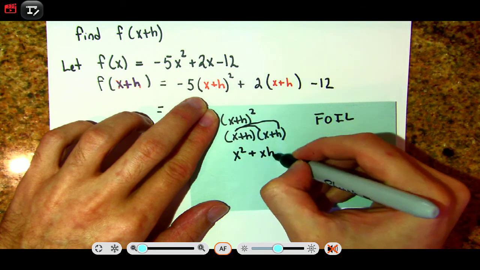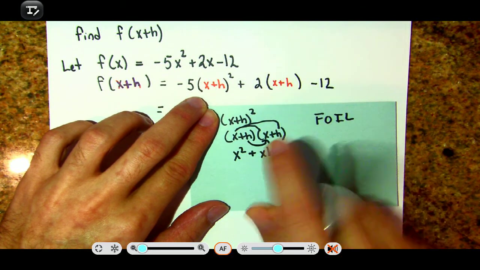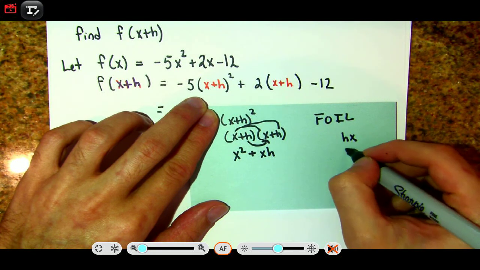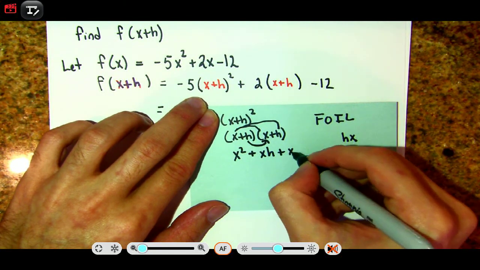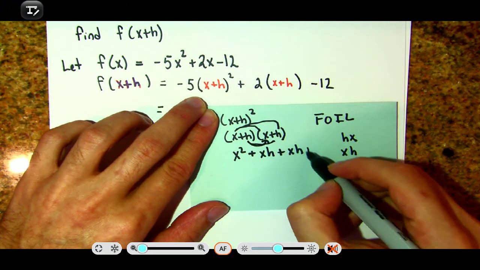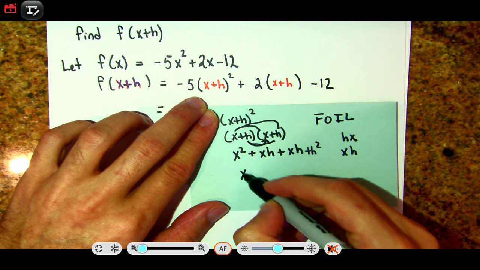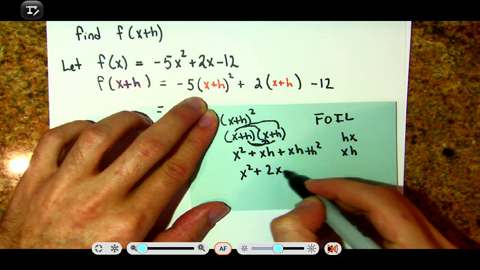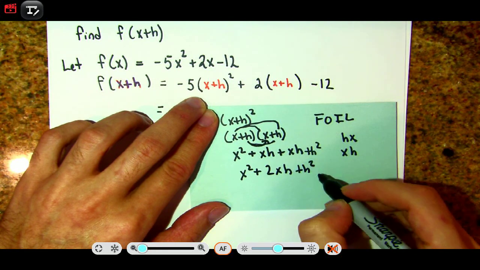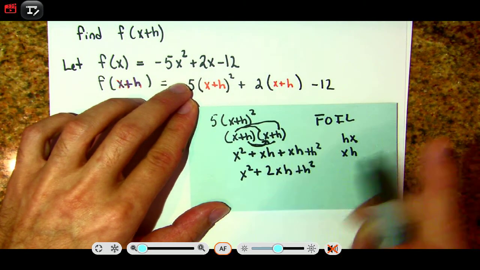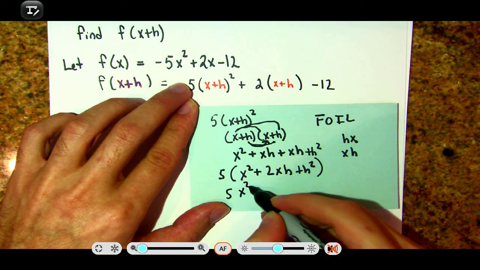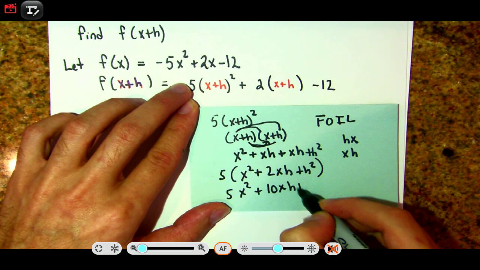H times x is hx, but we're going to show it as xh so we can combine these two terms. And then h times h is just h squared. So then this is x squared plus 2xh, because we're combining these two, plus that h squared. Now we have to multiply the 5. So then it's 5 times x squared plus 10xh plus 5h squared.